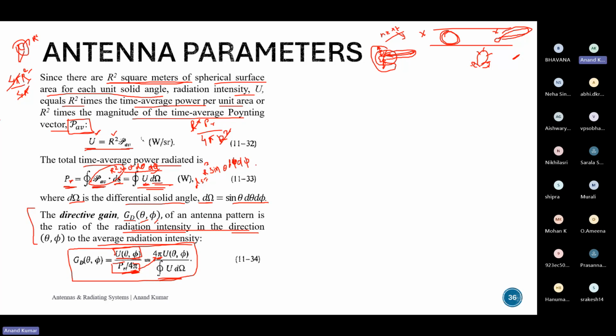I'll pause here because in just half of the slide we had a lot of information. Although I have scribbled a lot, it's still readable, I guess. Please let me know if you have questions on this, and then we'll continue.